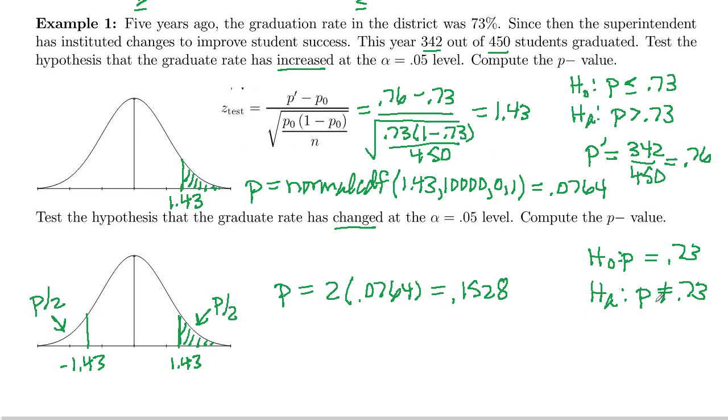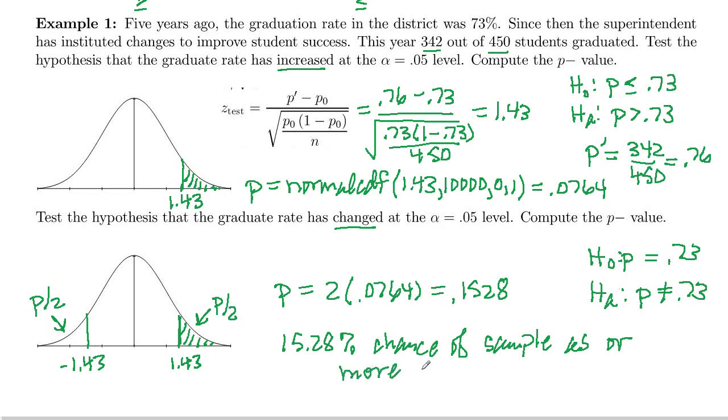This one says if you're doing a two-tailed test, the probability is 15.28%. So I'll write that down here. I've got room. So 15.28% chance of a sample as or more extreme than the one that we have. So it's a measure of how extreme the sample is.